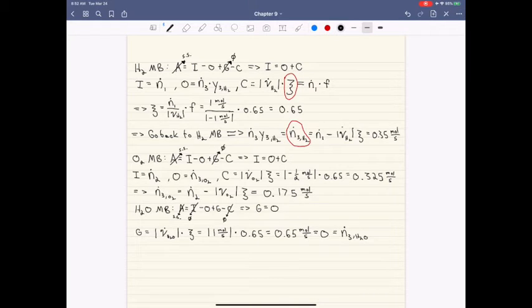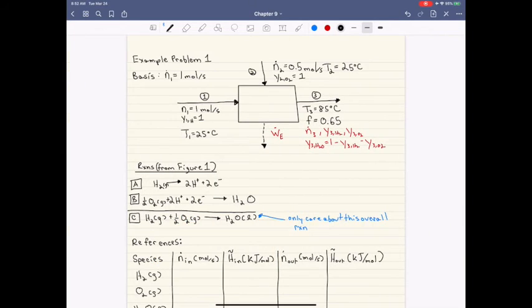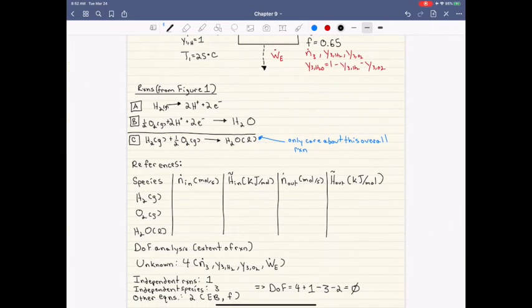Alright, so we solved for all the molar flow rates in our system, so let's go back to our enthalpy table and put those values in there. In our enthalpy table, we had 1 mole per second of hydrogen gas being fed in, 0.65 of oxygen being fed in, and no water being fed in.